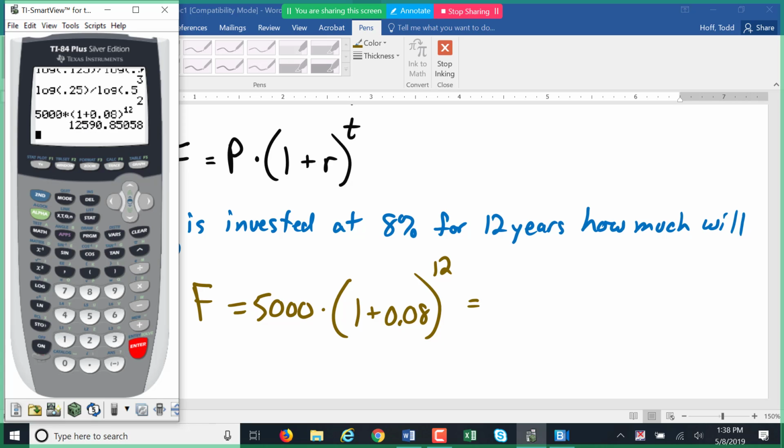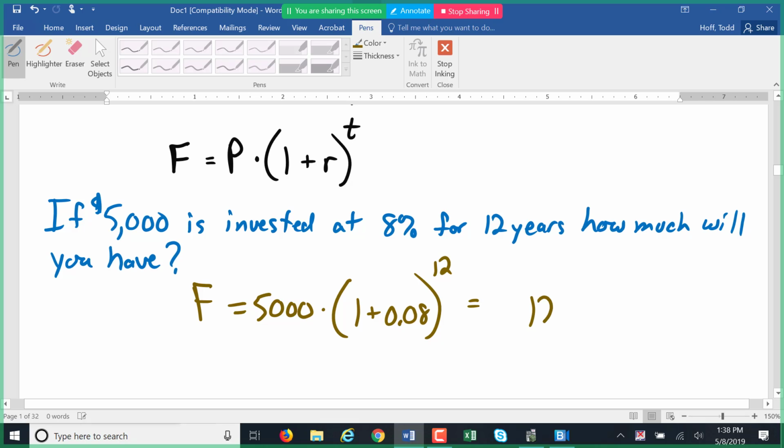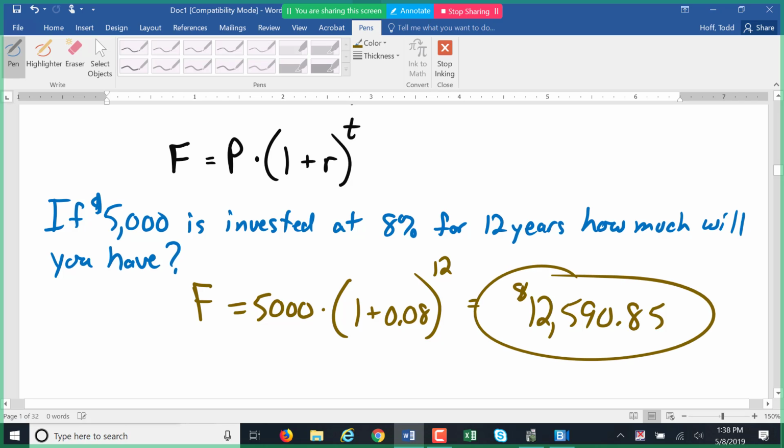Giving us 12,590.85. So it more than doubles in that time. It goes up to $12,590.85.